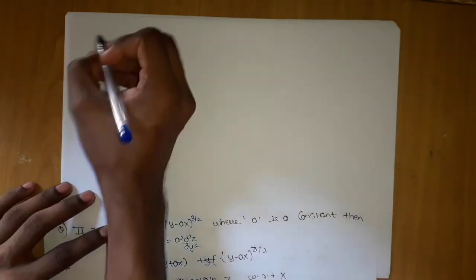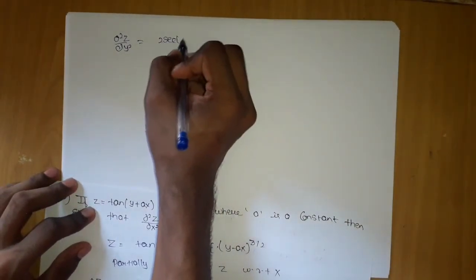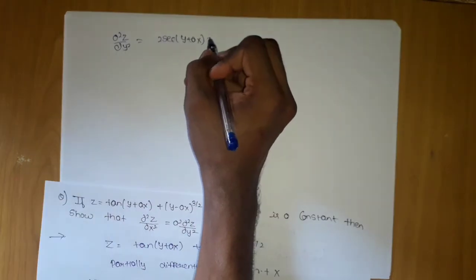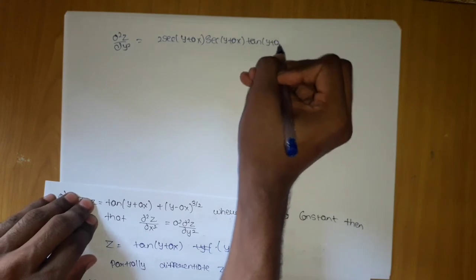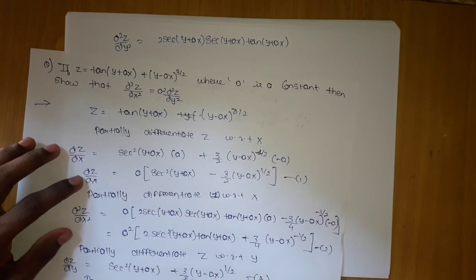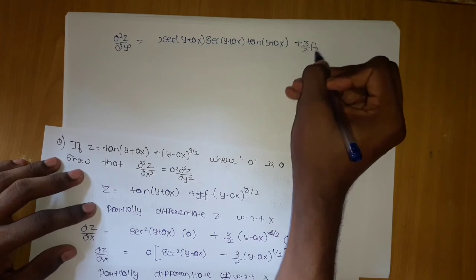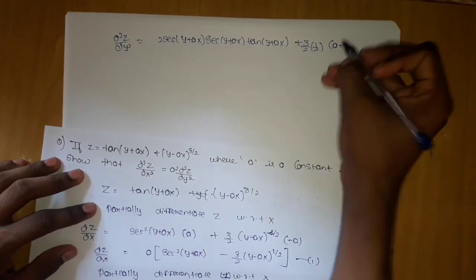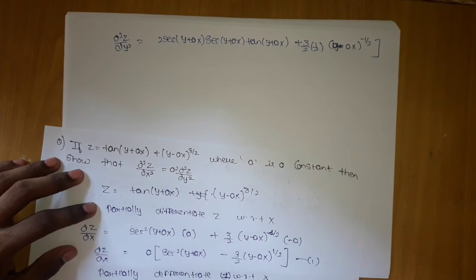So what we are going to get, ∂²z/∂y², which will be nothing but 2 sec(y + ax) into sec(y + ax) tan(y + ax), and here we will be left with 3/2 into 1/2, and here (y - ax)^(-1/2).